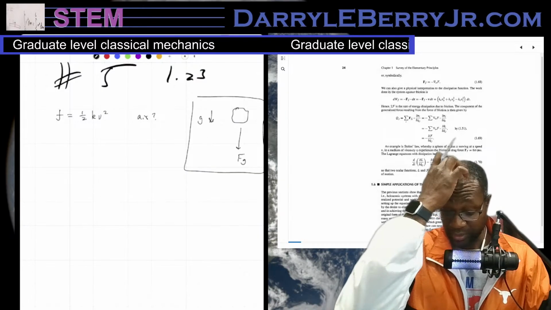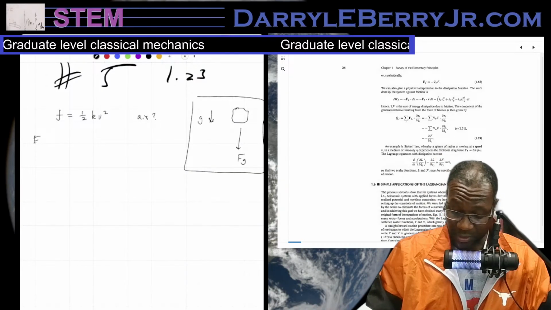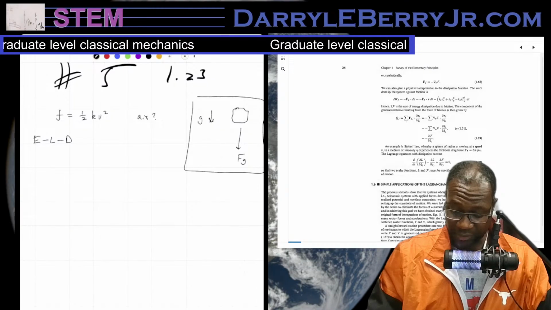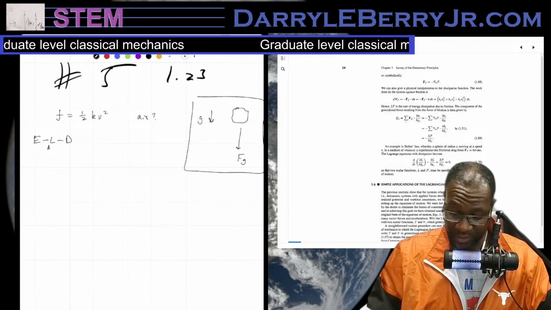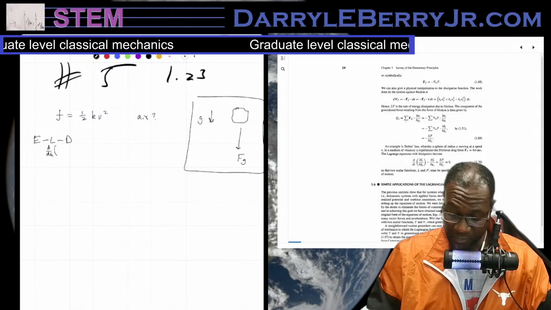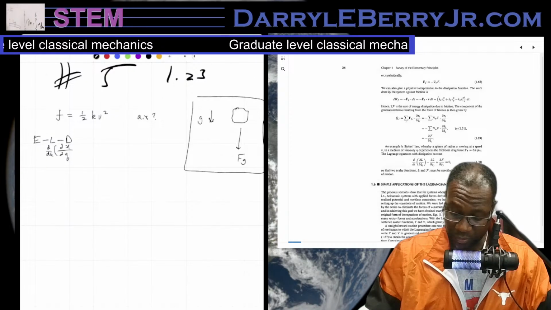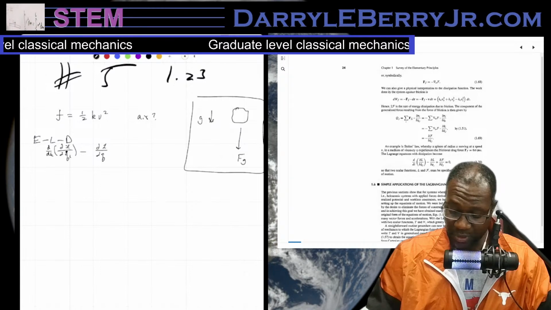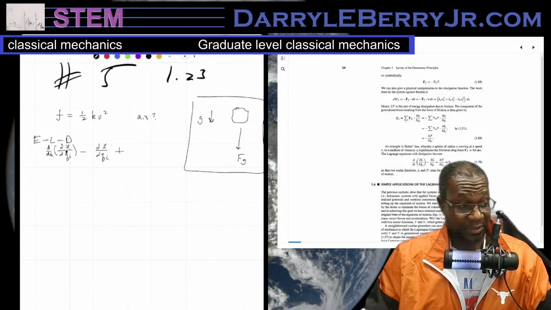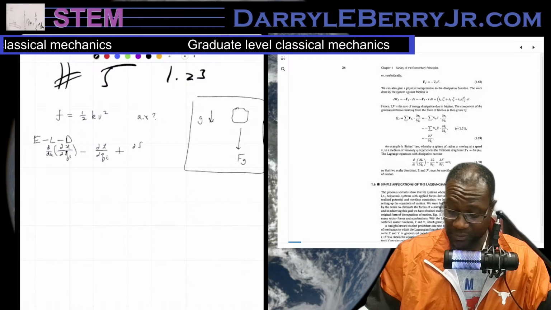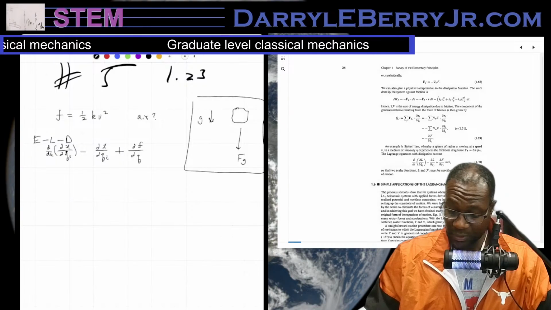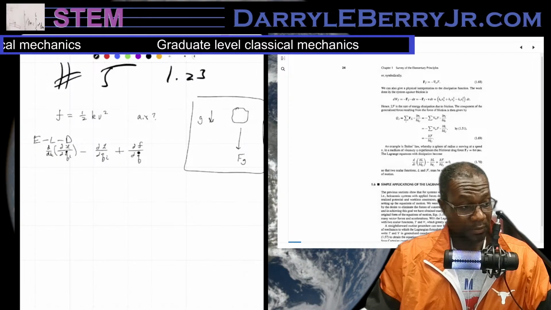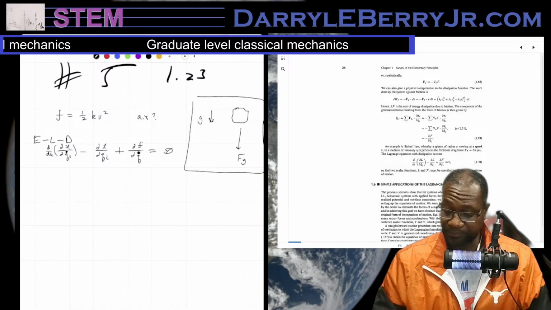So the Euler-Lagrange equation, I'll just call it ELD, Euler-Lagrange with dissipation, is d/dt of partial Lagrangian over partial generalized coordinate q dot i, minus partial Lagrangian over partial generalized coordinate q i, plus the partial of the dissipation function over partial q dot i, equals 0.